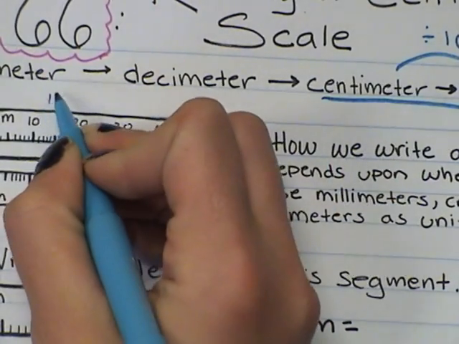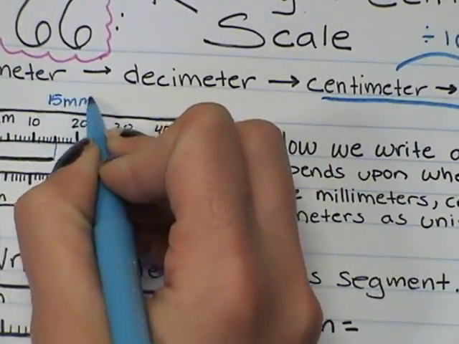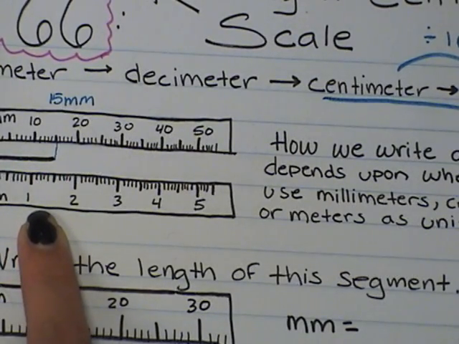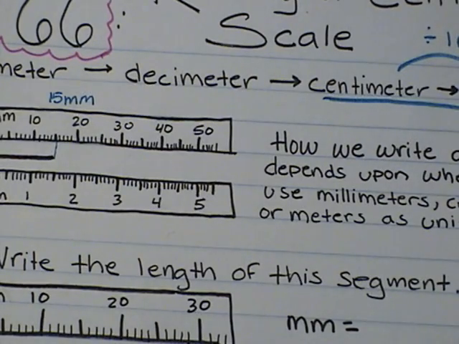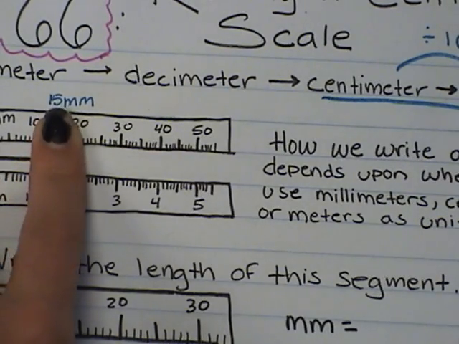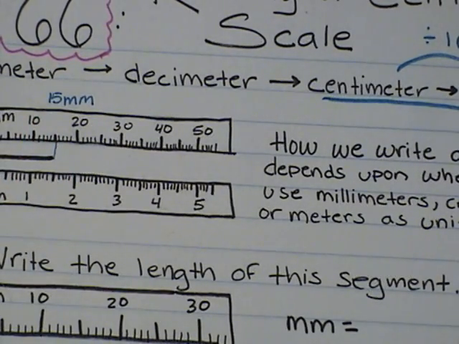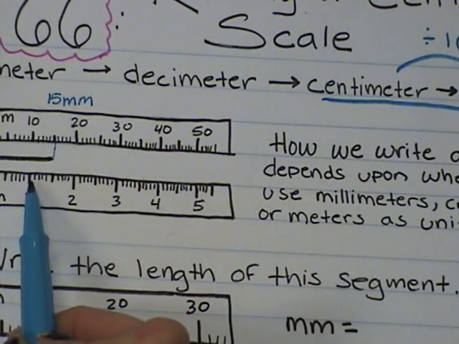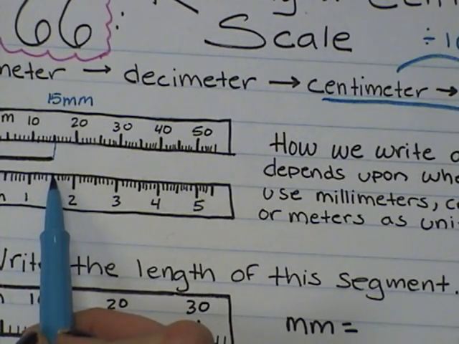So this would be 15 millimeters. Now if I were to convert this into centimeters, I could do that already, because I know that 10 millimeters equals 1 centimeter, and I have 10 and 5 left over, which is 5/10 of a centimeter. But I can also look here, and I have one full one, and then 1, 2, 3, 4, 5 extra.